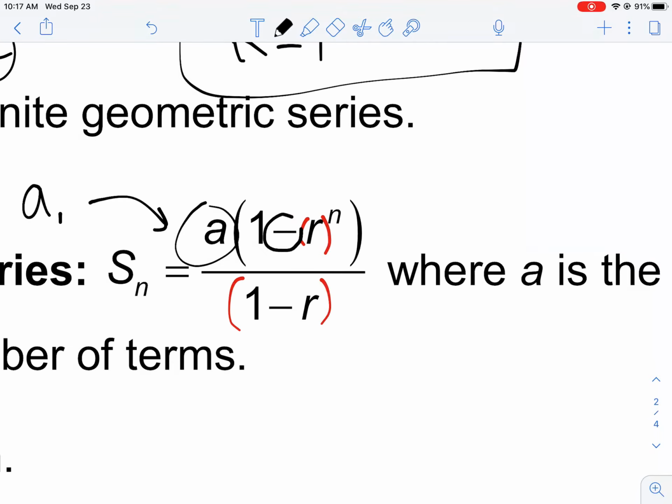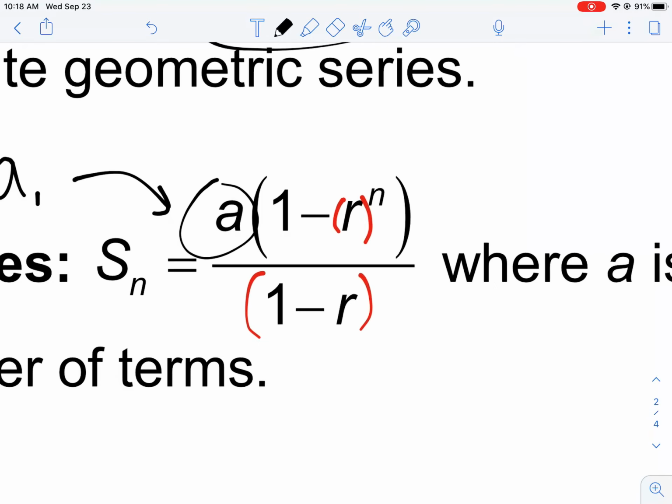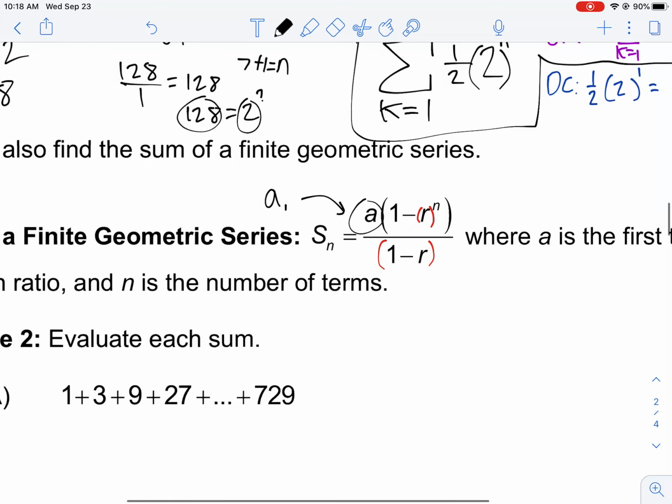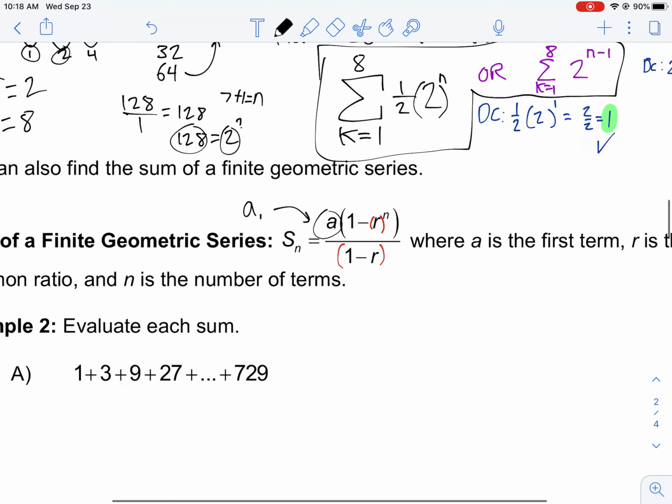Also notice that this negative is not included in the parenthesis. So if r is negative on its own, it'll have to be inside the parenthesis as well. And then it's all over 1 minus the common ratio. And that is the sum of n number of terms, meaning finite. It has to end somewhere. There has to be that last term.